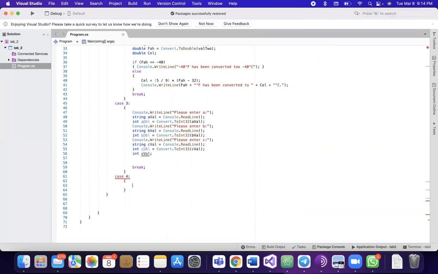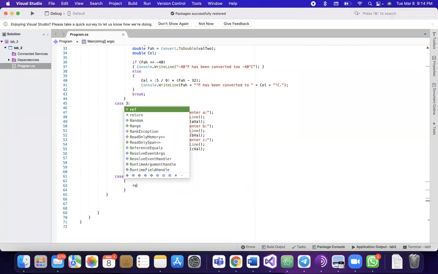So for case 4, what we have to do is create a scenario where when the user presses 4, it just cancels the program. So I think the easiest way to do this is just creating a break, or even a return.